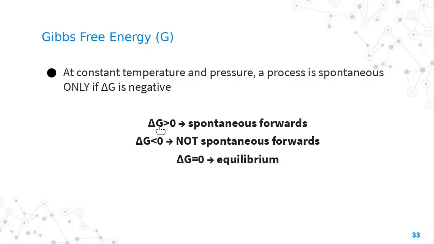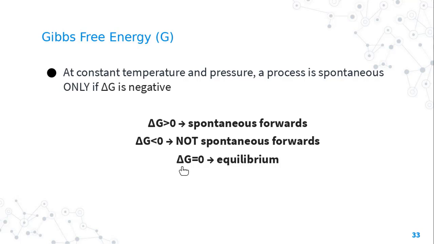Yeah, it's a typo. I apologize, guys. If the delta G is greater than 0, that is not spontaneous forwards. It is non-spontaneous. But like I said up here, delta G is negative means that the process is spontaneous. So you have delta G less than 0, it's spontaneous forwards. So it will happen. You want delta G to be negative in order for your reaction to occur forwards.